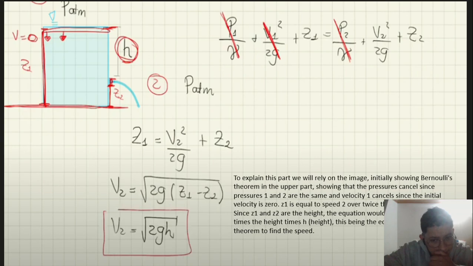To explain this part, we will relate the initial situation shown with Bernoulli's theorem. In the upper part, the pressure cancels since pressure 1 and 2 are the same, and velocity 1 cancels since the initial velocity is 0.